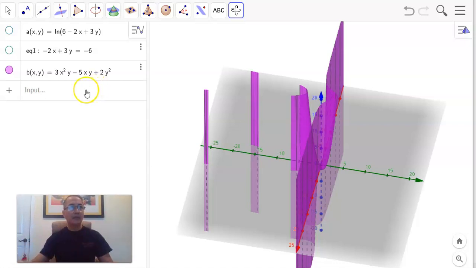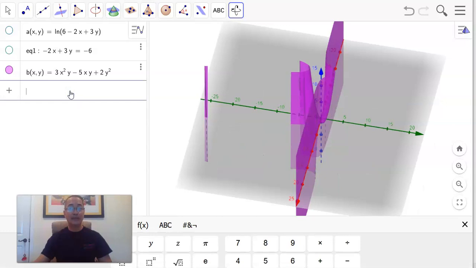So here is one way that I cheat, because the scaling on x, y, and z is something we can't play around with in GeoGebra. So what you can do is scale the function, the z values, manually by, let's say, dividing everything by 100.